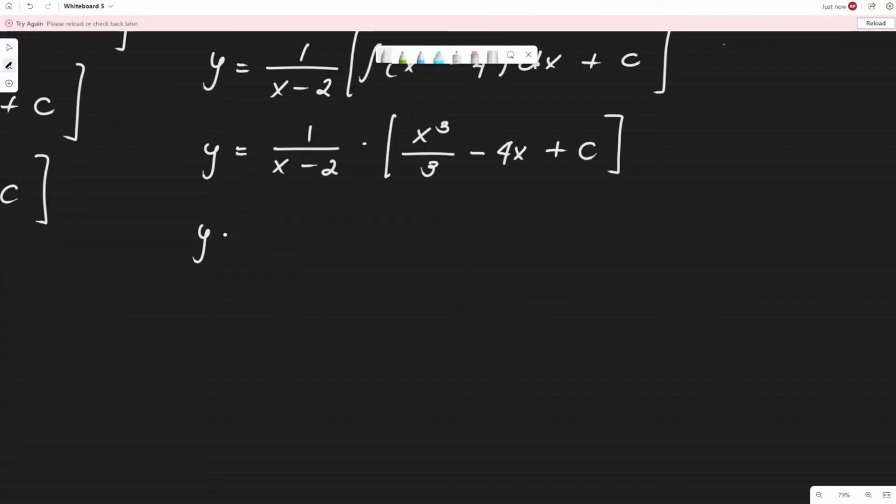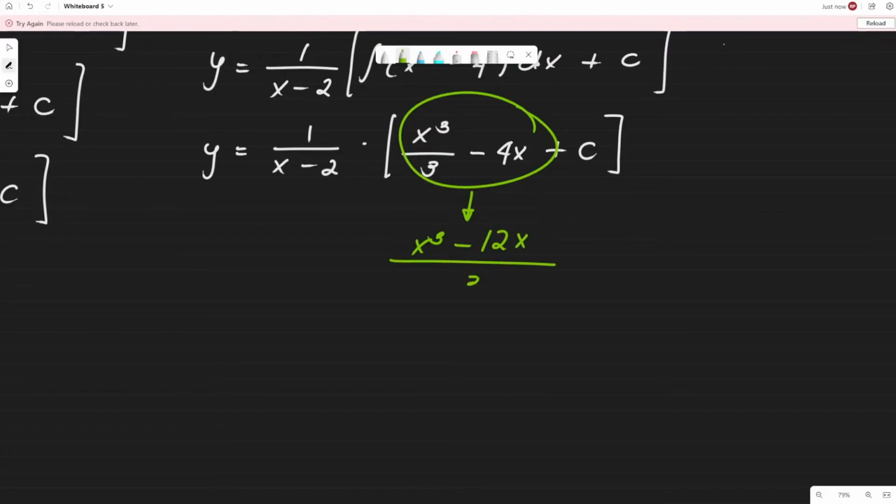Ayan, so distribute lang natin tong 1 over x minus 2. So we'll have x cubed over 3 times x minus 2 minus 4. Pwede naman natin pagsamahin tong dalawang to. So this will just become x cubed minus 12x over 3.